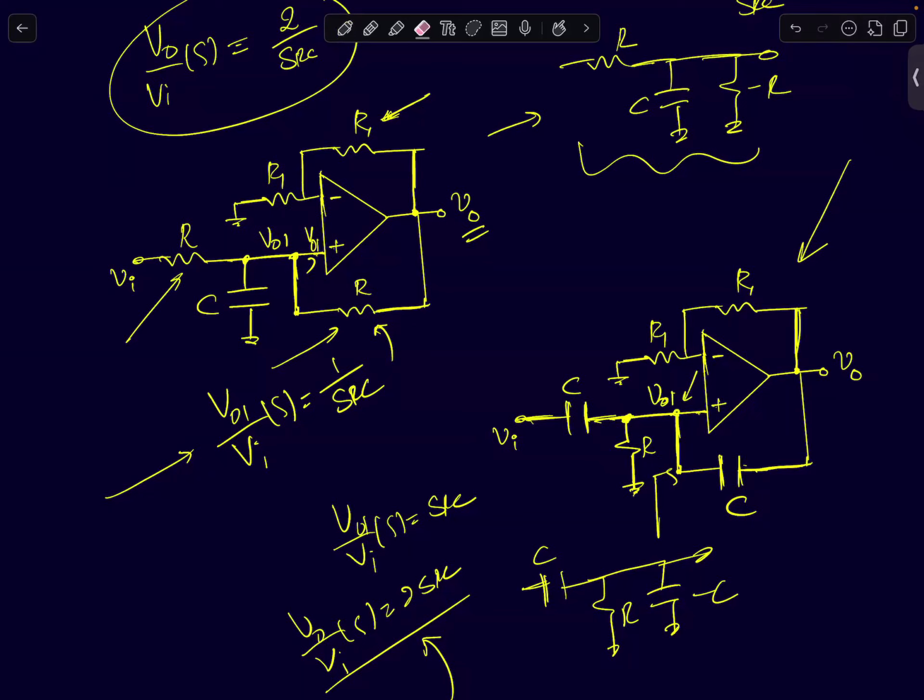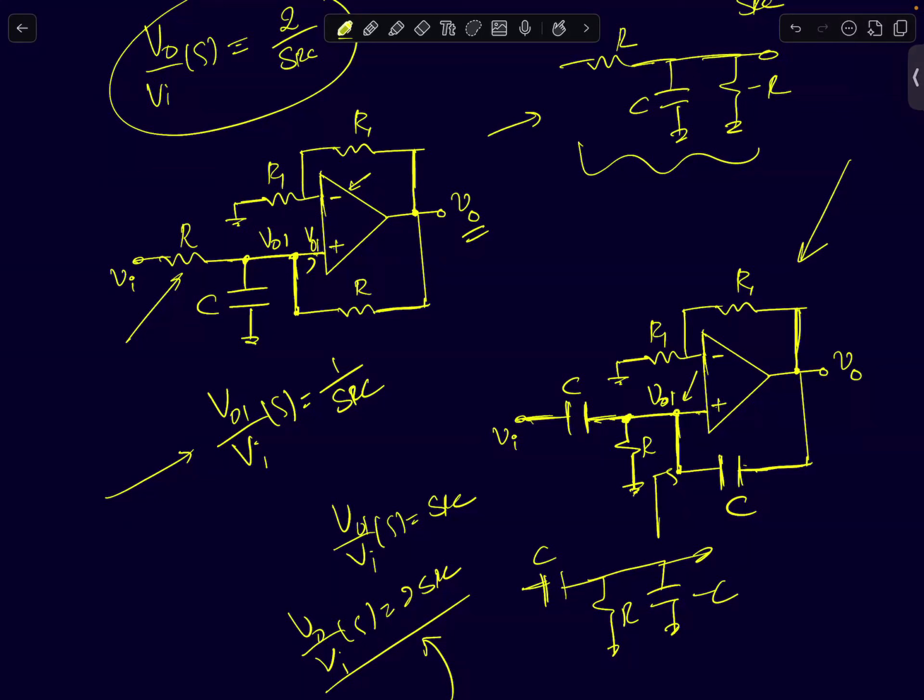Okay. So now if you see, right, there are 2 paths for feedback. There is negative feedback because I'm taking the output and feeding it to the negative terminal. There is also positive feedback because I'm taking the output and feeding it to the positive terminal. So now you have both the feedbacks in place, both negative and positive feedback. When you have both these feedbacks in place, then you have to do a proper analysis and see which feedback is dominating.